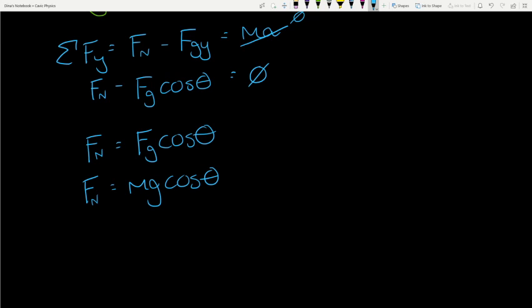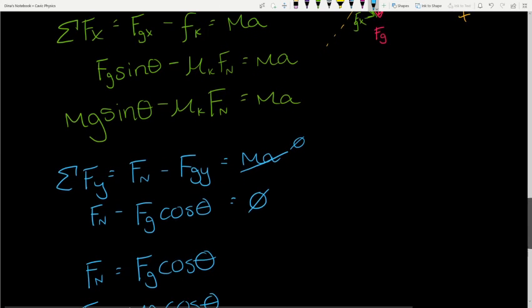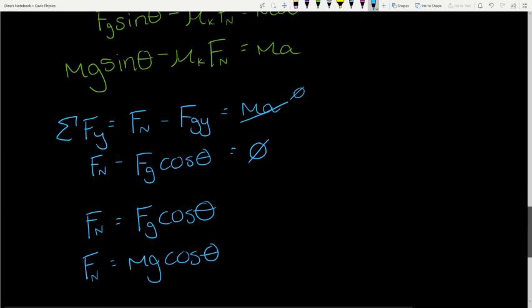There's one last step we can do to simplify this problem as much as we can, and that's to use some substitution here. Remember, I was trying to solve for the acceleration of my block, and I can substitute this in for our normal force and get an answer.